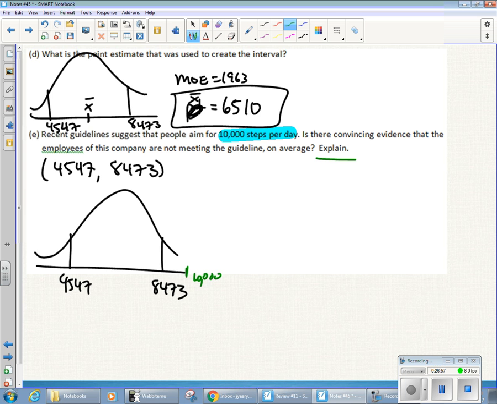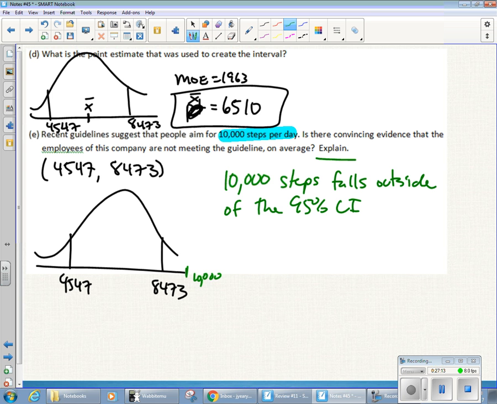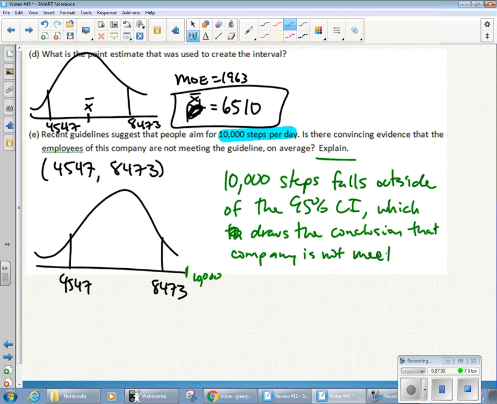And the explanation is simply that 10,000 steps falls outside of the 95% CI, which draws the conclusion that this company is not meeting the 10,000 step goal.